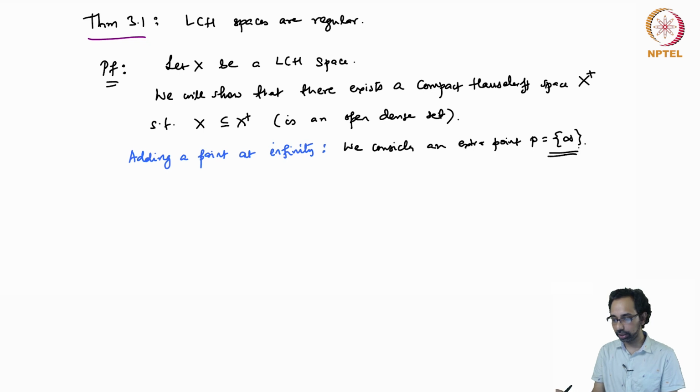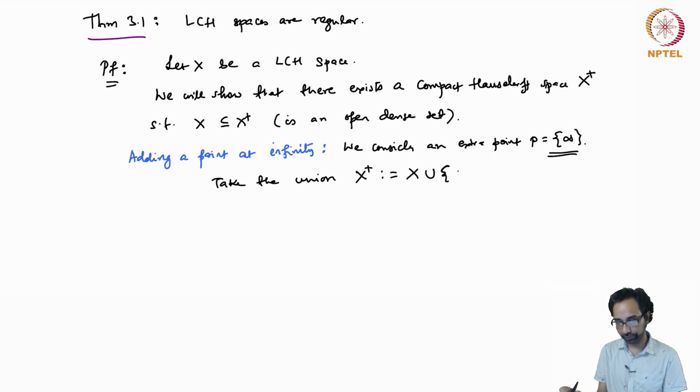So just remember that we are using this symbol infinity, but it has nothing to do with the infinity of the extended real numbers, for example. So what we do is we take the union, which we define as X plus. As a set, X plus is just the union of X and this point at infinity, which is called the point at infinity.